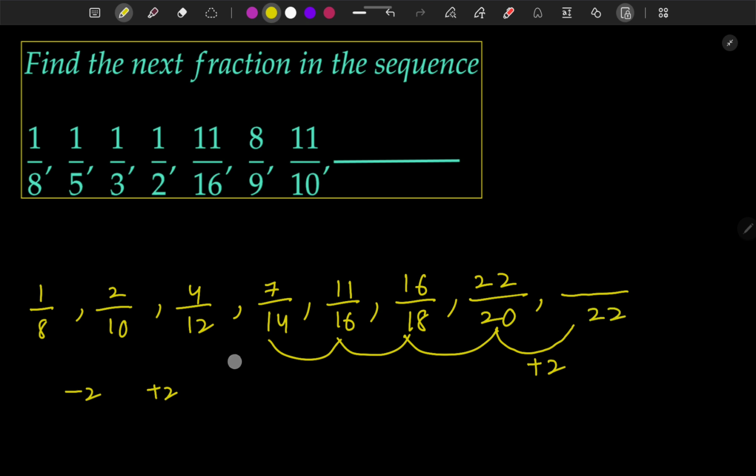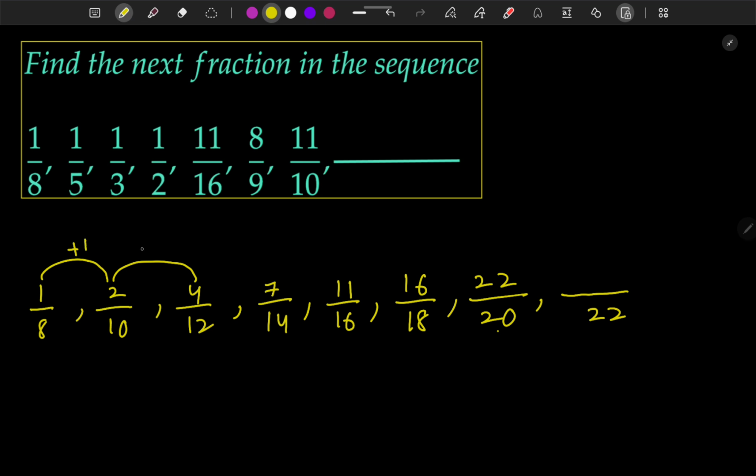Okay. Now, let us see the numerators here. Here 1 plus 1 is 2. Here 2 plus 2, it is 4, and here 4 plus 3, it is 7, and here it is plus 4, and here it is plus 5, and here it is plus 6.